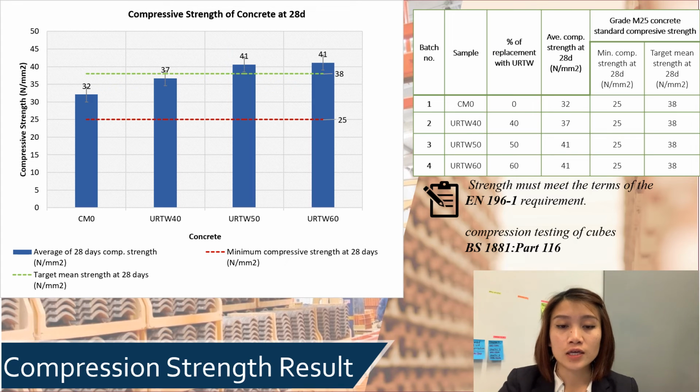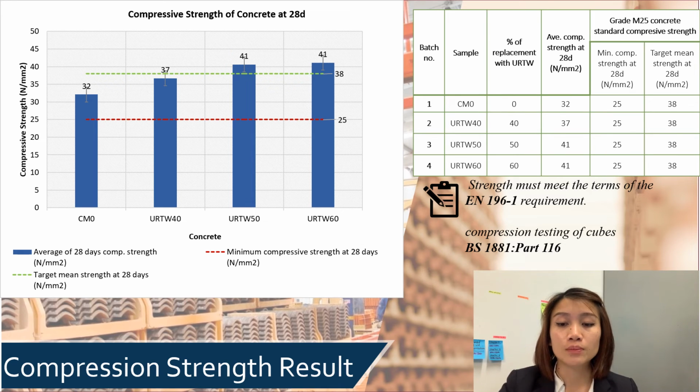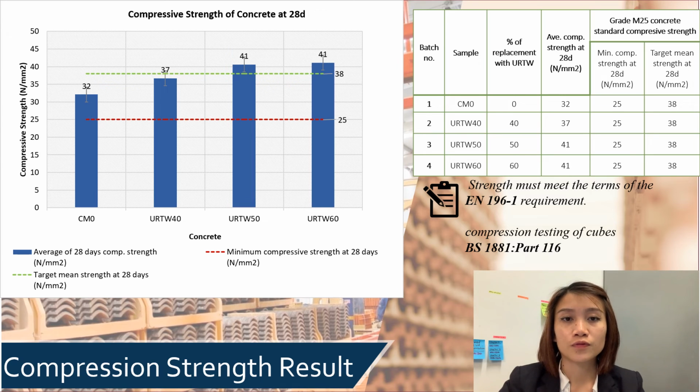Based on the data analysis obtained from the compressive strength testing, the red dotted line in the graph shows the minimum compressive strength that needs to be achieved at 28 days by the concrete cube. The green dotted line shows the target mean strength for each concrete cube.